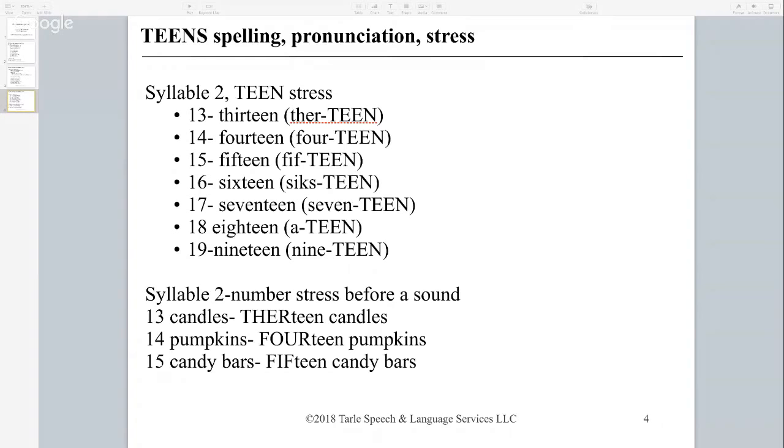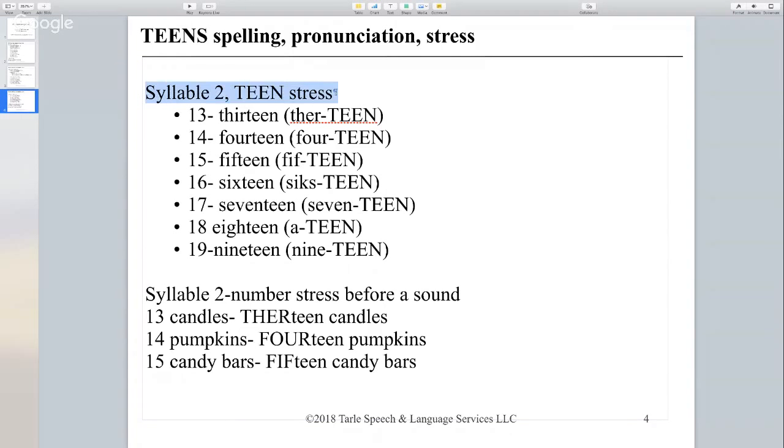All right. So here is the typical way we are going to stress these words. We are going to stress the teen here, which we just did. 13, 14, 15, 16, 17, 18, 19. Okay, perfect. Now, there's a subtle difference here.